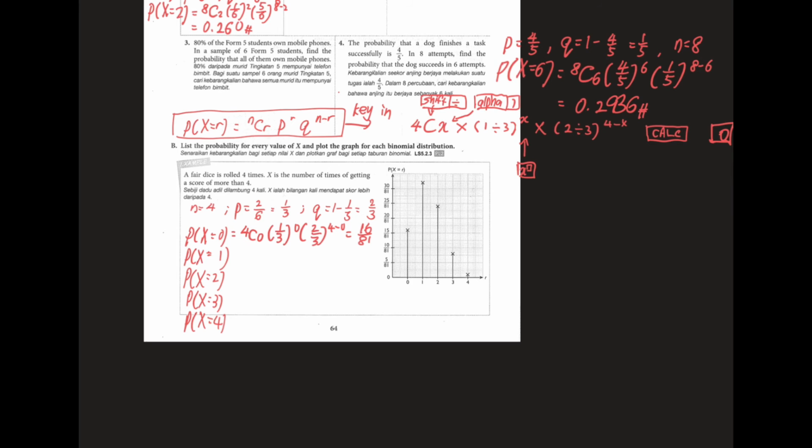So for 1, how? You just press calculate again. I hope you don't delete the formula. Calculate 1 equal, then it will show you the probability, which is 32 over 81.